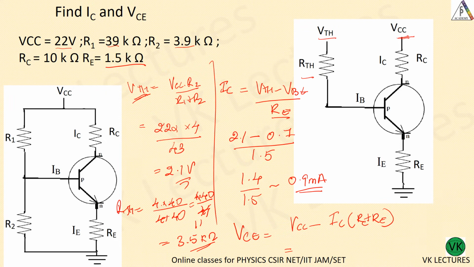So VCE equal to 22 minus IC, around 0.9, into (RC plus RE). RC is given to be 10, RE is 1.5, so 11.5. So this value is around 10. So 22 minus 10 is equal to 12.